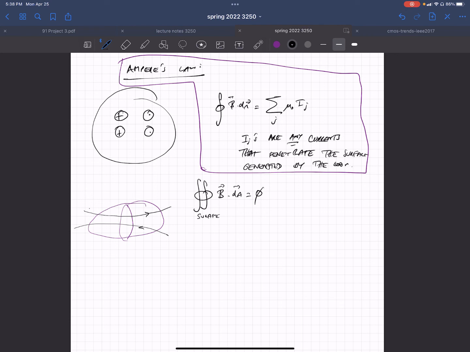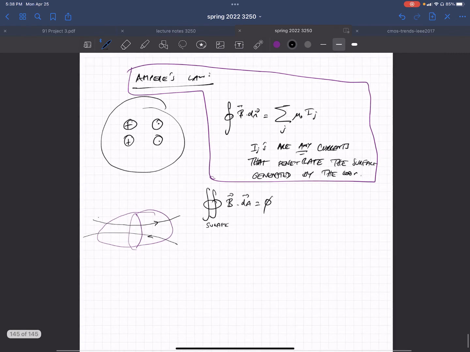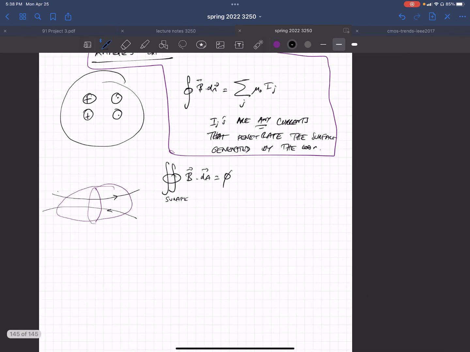Any line that comes in needs to leave, so the sum total of what's coming and going here is going to be 0.